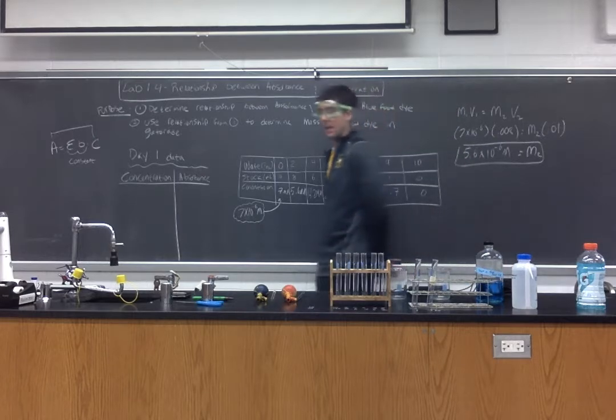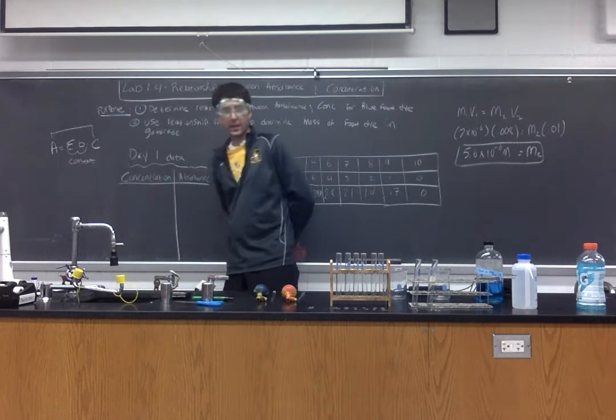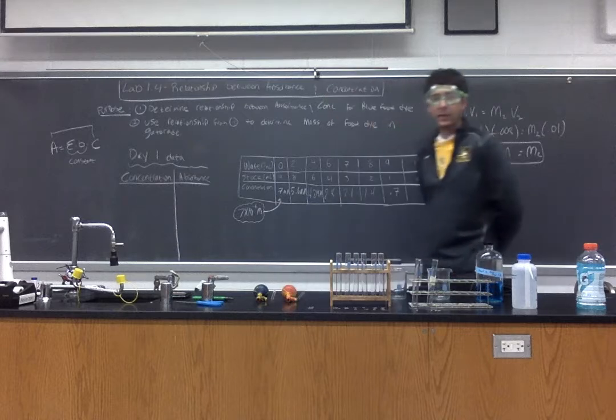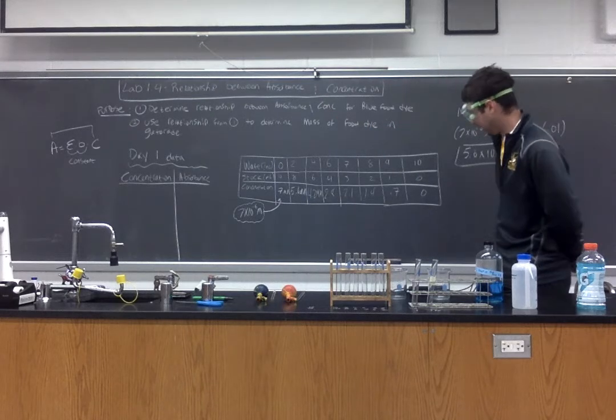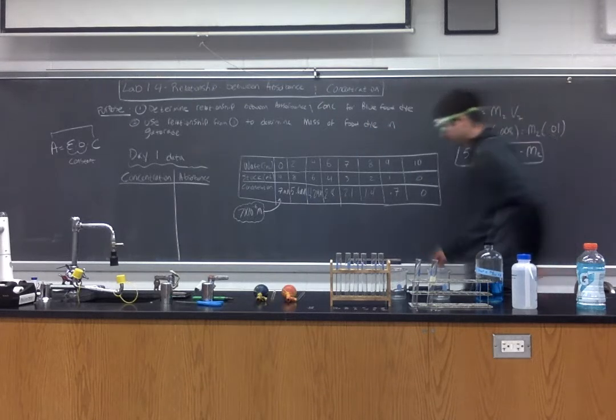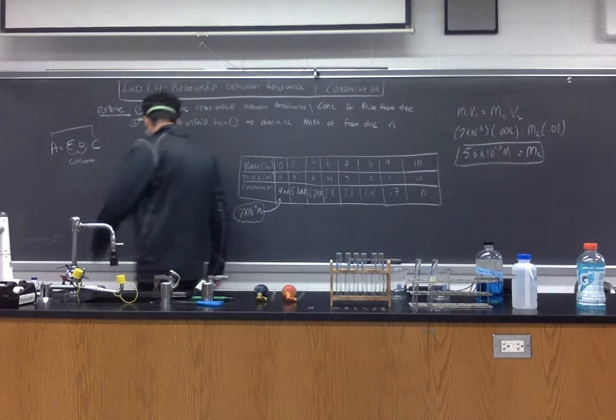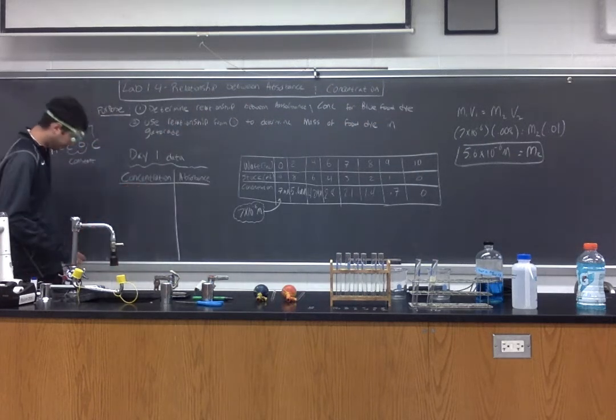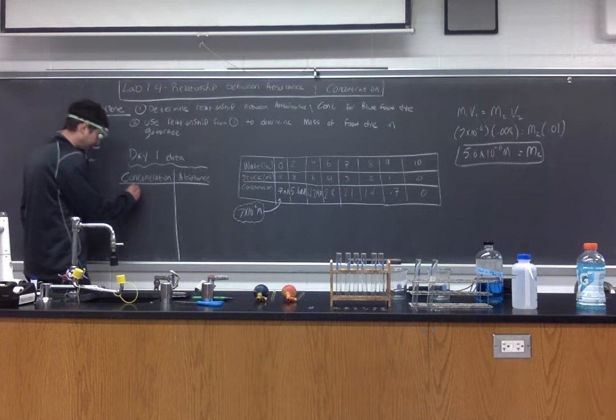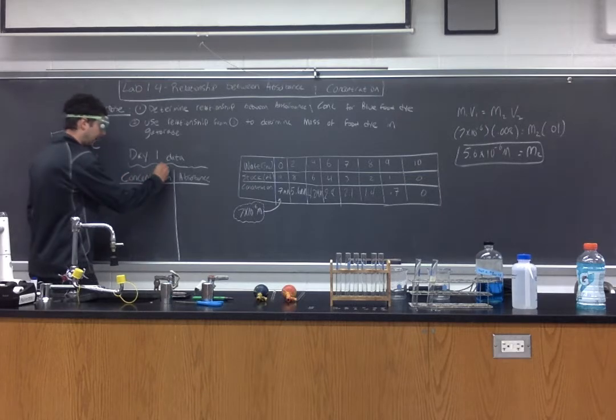You can see the data table here is empty because in the beginning, I did not know the concentrations that we would be using. So I'm just going to fill out my concentrations in this data table over here, and then we'll get to making the solutions. I'm just going to label that all of these are in micromolar.